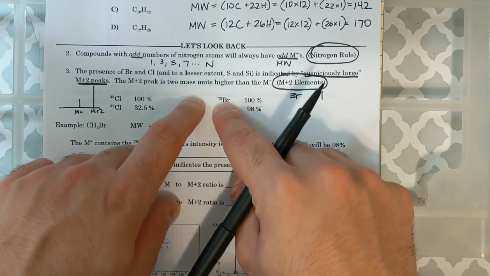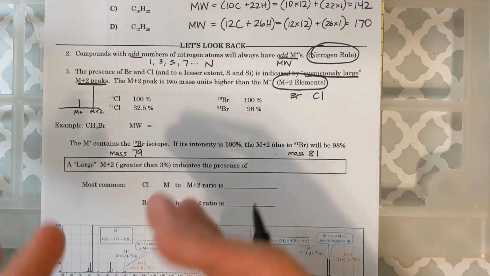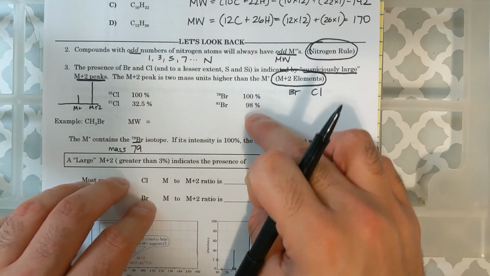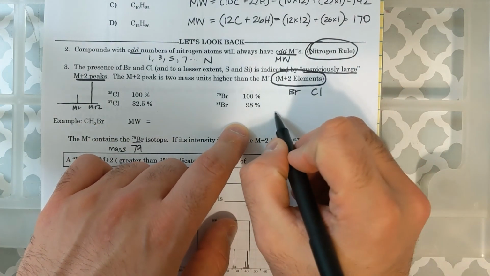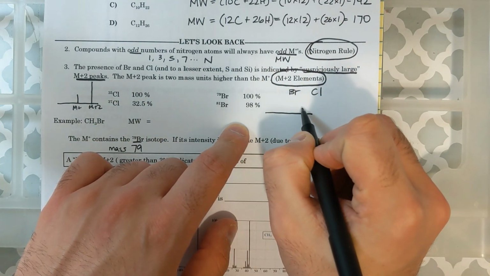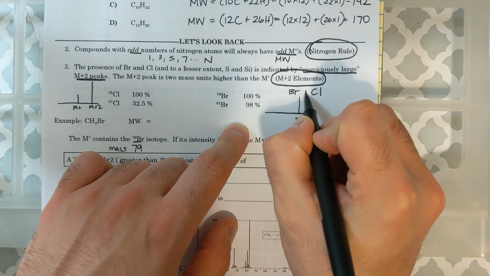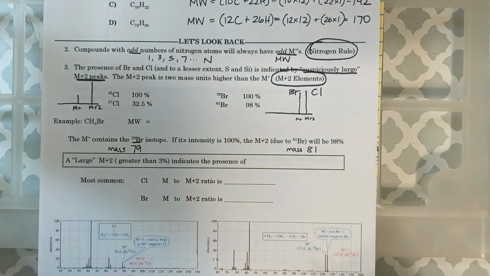I know that sounds a little bit confusing, but isotopes, again, are elements of the same kind that have different masses. Now, because of these percentages, if I were to have an M and M plus 2 peak for bromine, we'll see this later, the M plus 2 peak is going to be about the same height as the M plus peak, if not a little bit shorter.